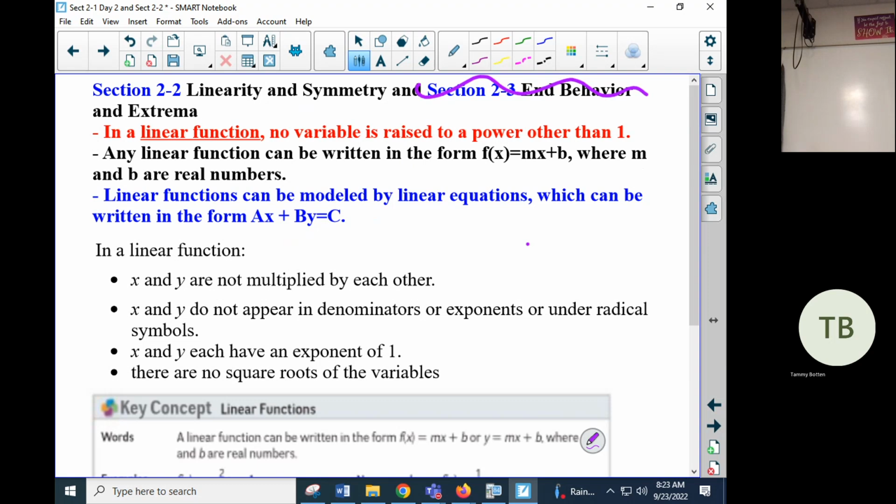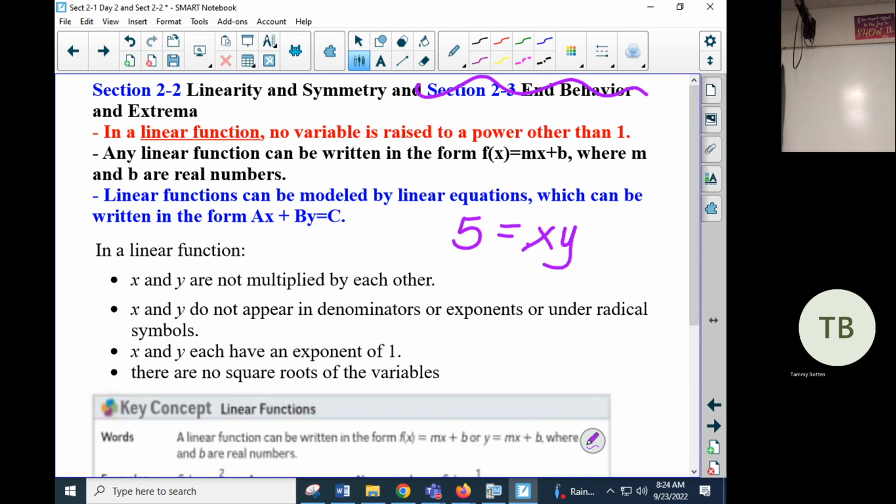So there are some rules here that tell us how we can tell if something is a linear function or not. The first thing is, in a linear function, you can have an x and a y, but they can't be multiplied by each other. So what I mean by that is, say that you had 5 equals xy, okay?